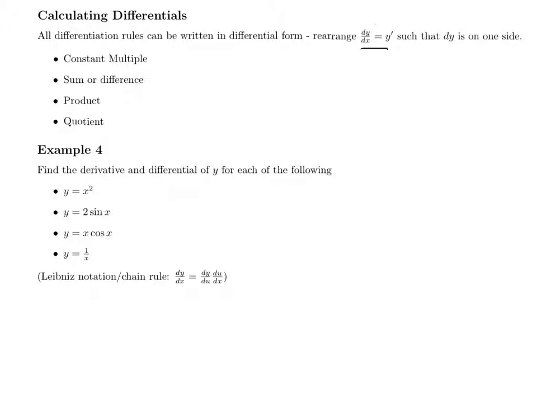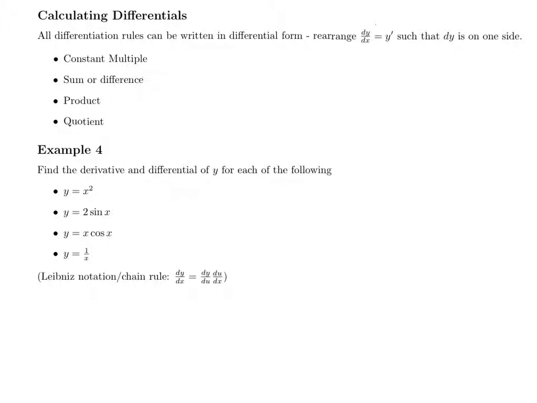If this were multiplication and division, it's as if you could multiply by dx on either side. Then you would be left with dy equals y prime times dx, which is correct. That's what our formula is. Technically, that's not really how it works, but if you understand it that way, that's fine to kind of think about it there.